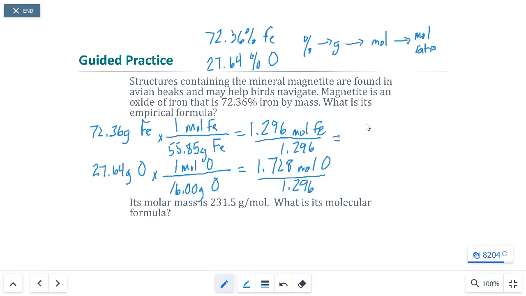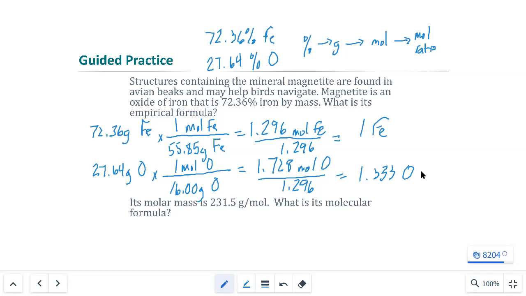When we do that, that guarantees that we have 1 for the iron. And if we take that 1.728 and divide by 1.296, we get 1.333 oxygen.